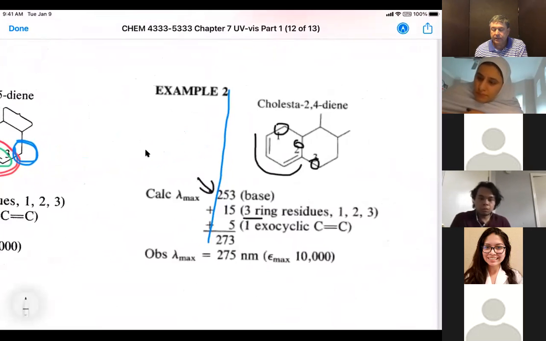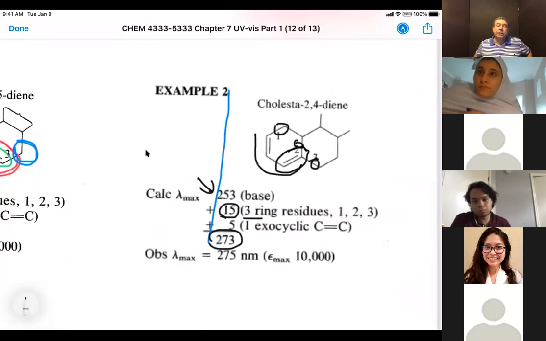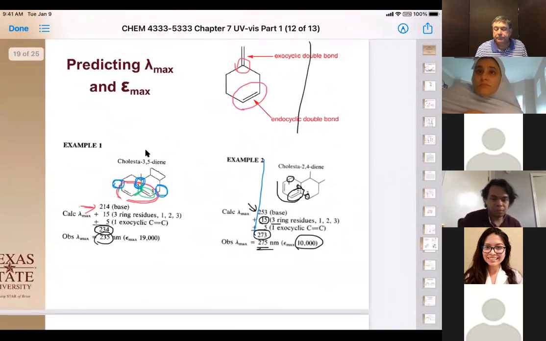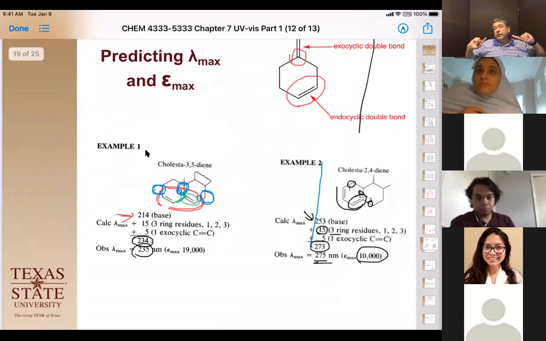So that's 3 times 5, which gives us 15. And we still have 1 exocyclic ring here, which gives our predicted 273. And it gives us our number at 275 as our measured number. So that's pretty close. Our extinction coefficient is a little off, but it gives you a good idea on where to start, okay? So let's do a linear one.